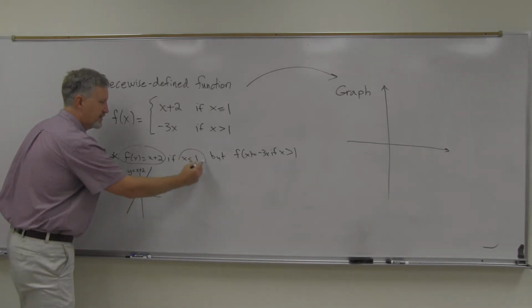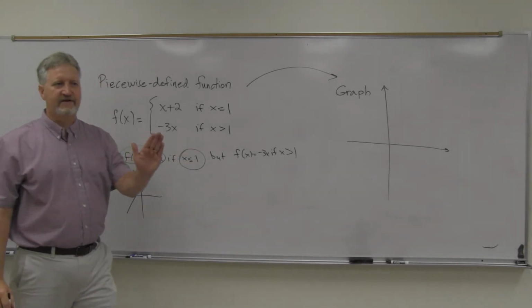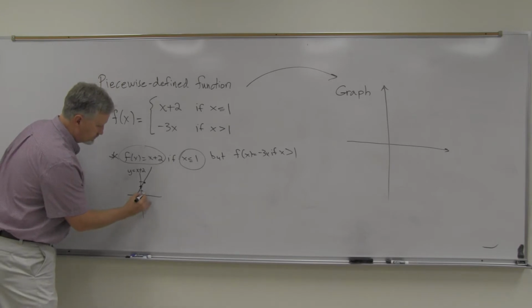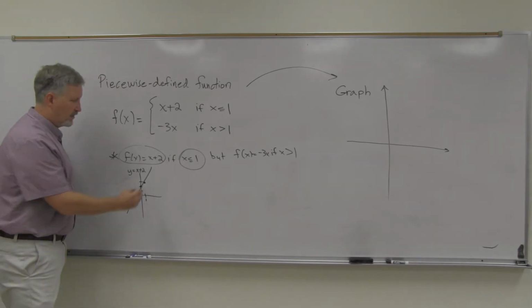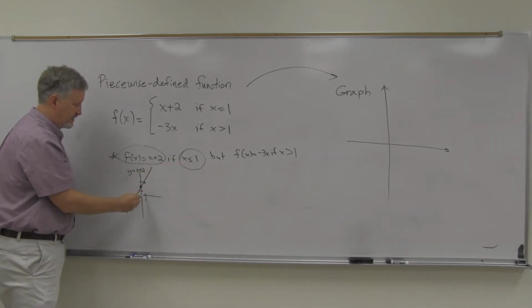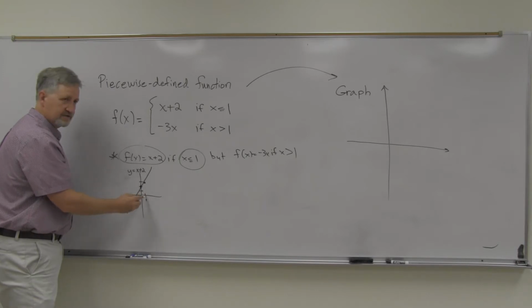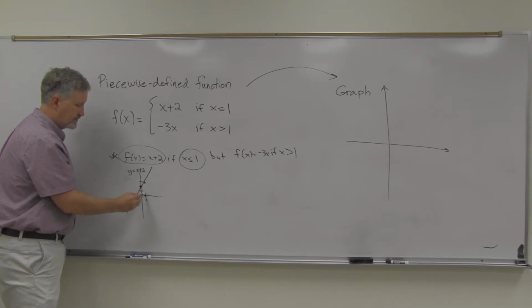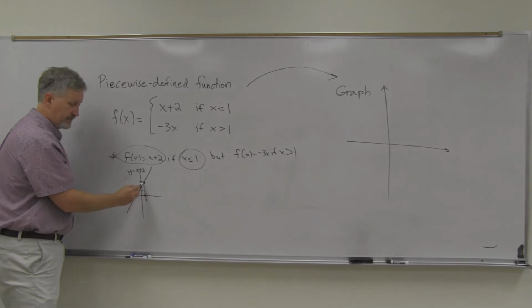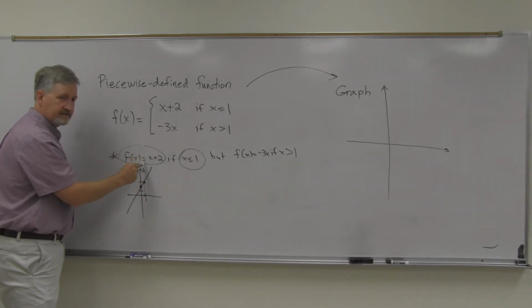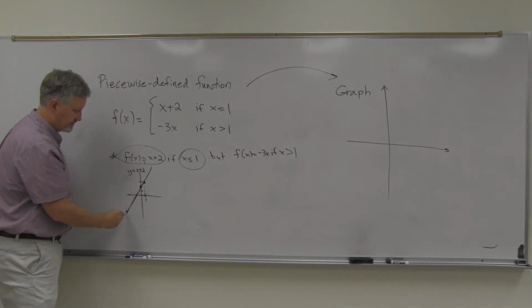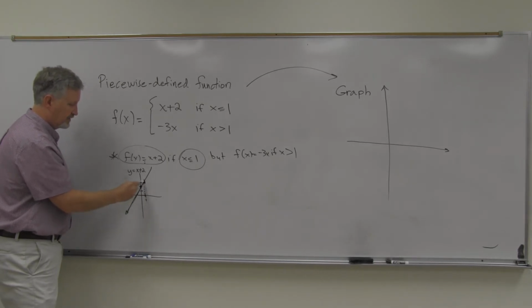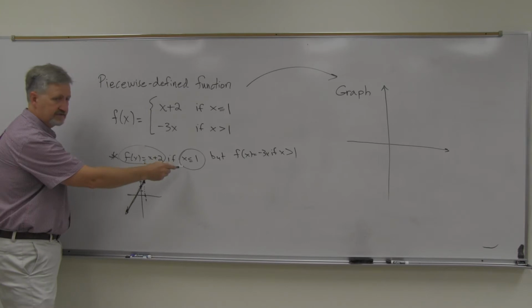Now, the restriction though is x is less than or equal to 1. So here's x is 1, and I only want x less than or equal to 1, so I want this side of it. The side I want is this piece, starting here at this point and then backwards, because x is less than or equal to 1.